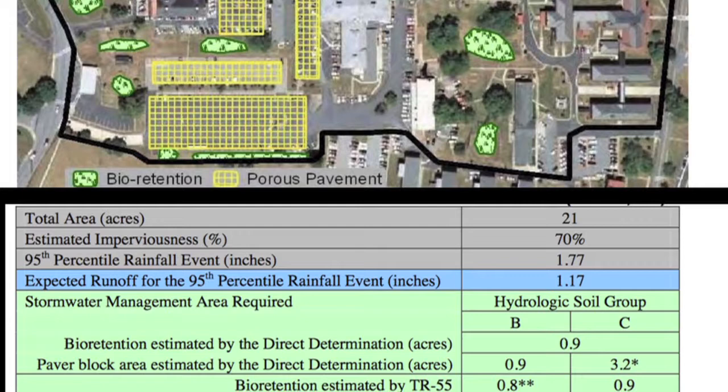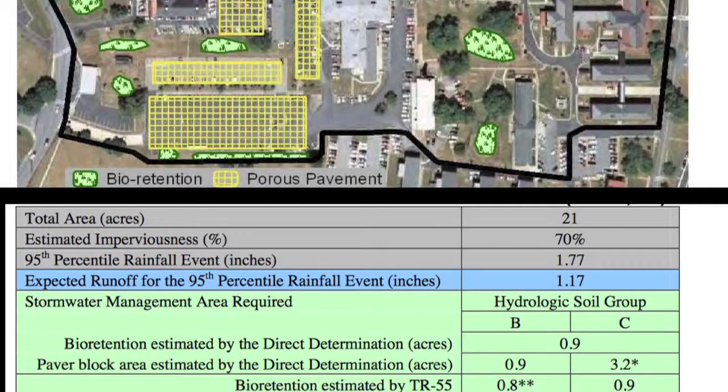The runoff from the 95th percentile rainfall event could not be adequately retained solely with bioretention systems. Based on the technical considerations of constructing and maintaining control measures at the site, it was assumed that up to 15% of the pervious area could be converted into bioretention cells, and up to 40% of the paved area could be converted into a paver block system.